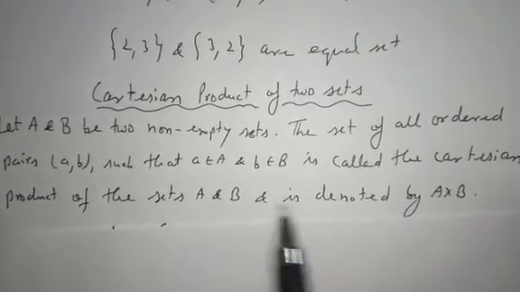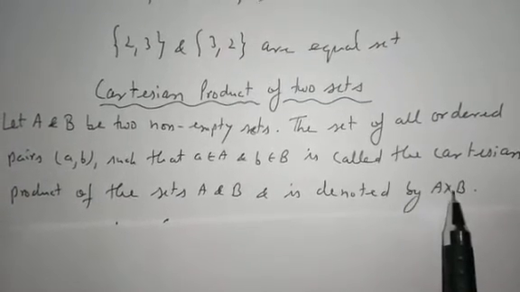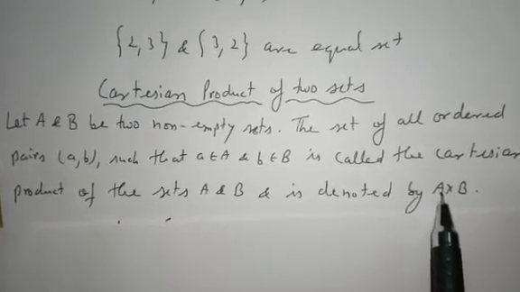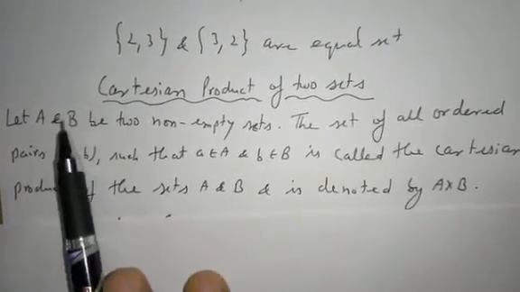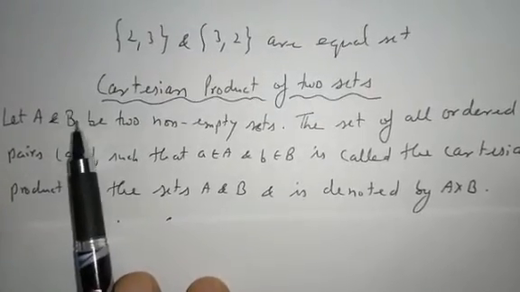In A × B, the first element is always from the first set and the second element is always from the second set.